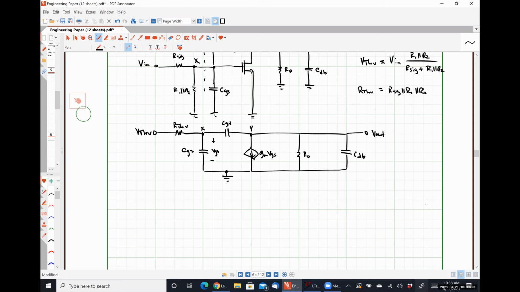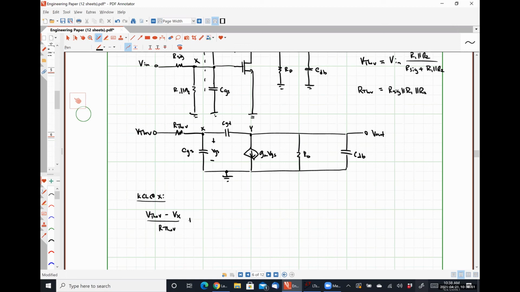So with that in mind, if we do KCL at node X, we have a current of Vthev minus Vx divided by Rthev flowing in.